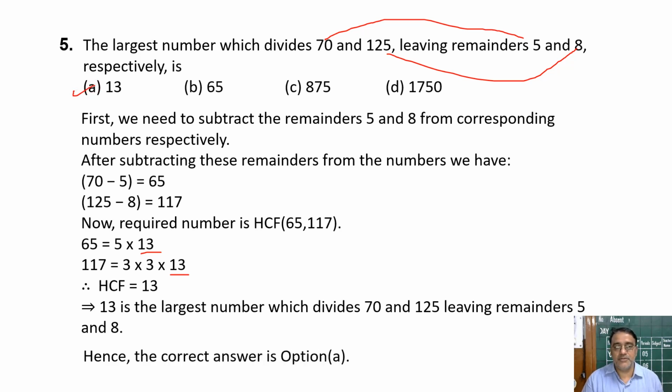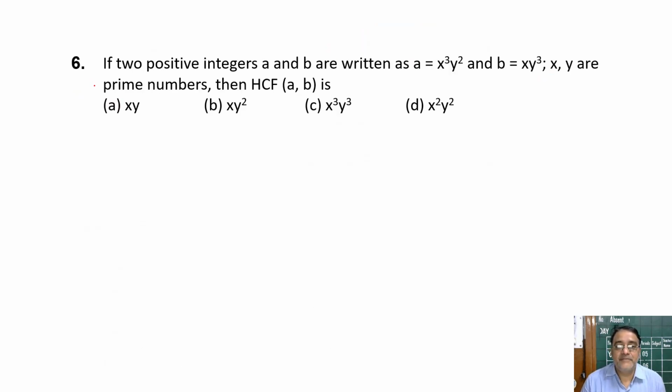Now we are moving toward question number 6. If two positive integers a and b are written as a is equal to x cube y square and b is equal to x y cube, where x and y are prime numbers, then what is the HCF of a and b?